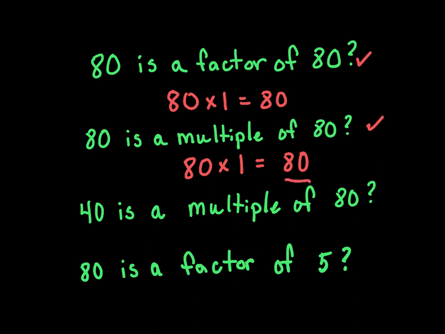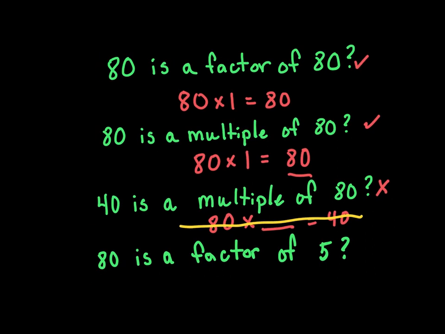Is 40 a multiple of 80? No. Basically, that's saying 80 times what gives us 40. There is nothing that you can do to do that. So 40 is definitely not a multiple of 80. Is 80 a factor of 5?